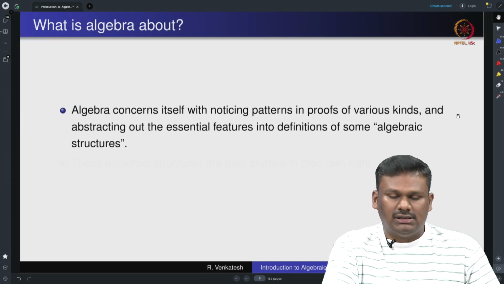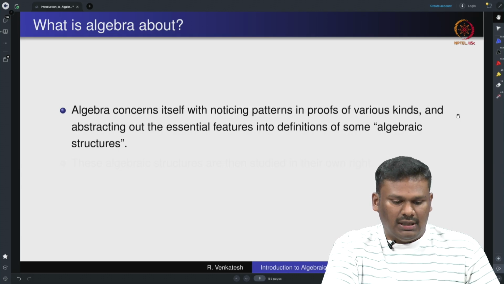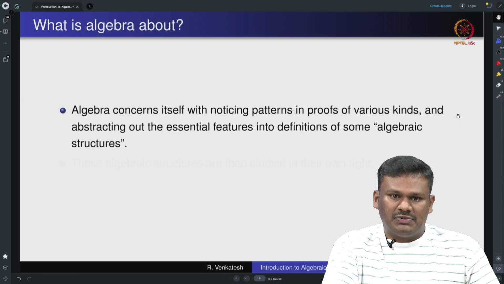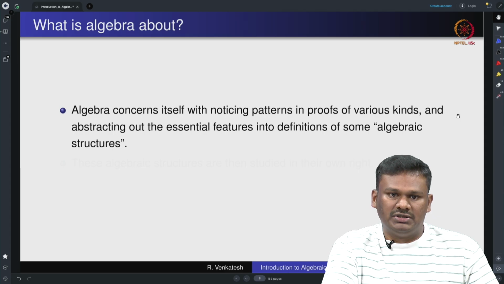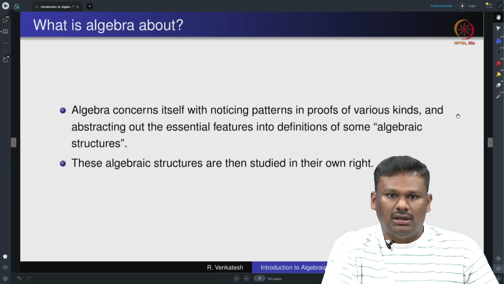Okay, now let us actually talk about what is algebra. So, algebra concerns itself with noticing patterns in proofs of various kinds and abstracting out the essential features into definitions of some algebraic structures. These algebraic structures, for example, we will be seeing groups, rings, fields and so on in this course, are then studied in their own right.